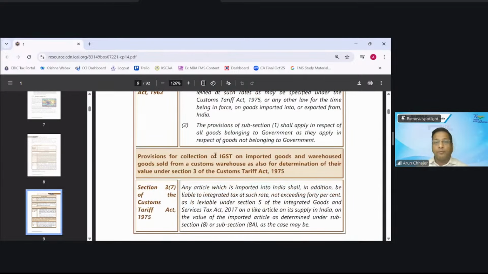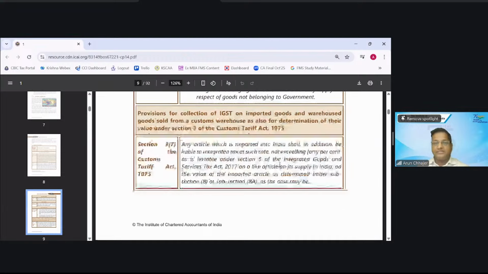Provision for collection of IGST on imported goods and warehouse goods sold from the custom warehouse, as also for determination of their valuation, is under Section 3. What is Section 3?